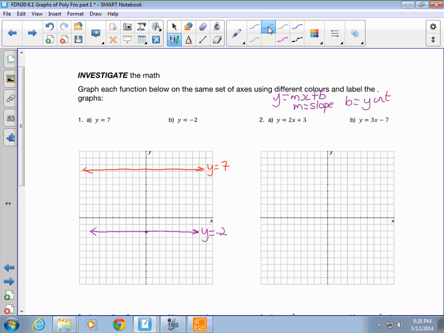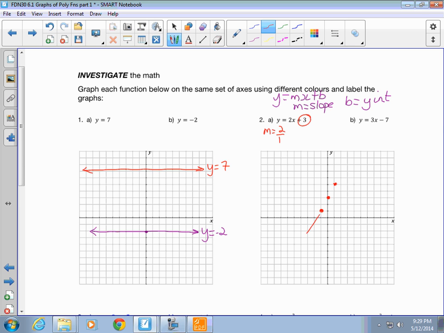So for a, y is equal to 2x plus 3, this is my y-intercept, so I plot that first. 1, 2, 3. My slope is equal to 2 over 1. So from my y-intercept, I rise 2, run 1. And I can go the other way. I can fall or go down 2, and over 1.